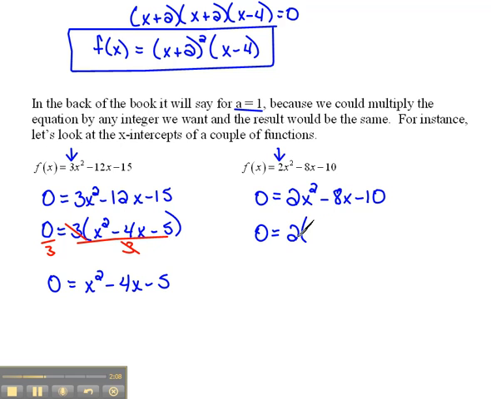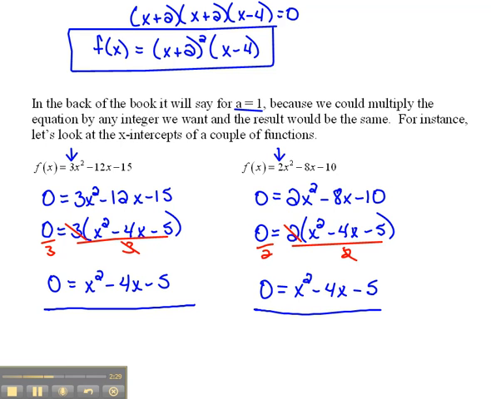So this will be 2 times x squared minus 4x minus 5. And if I were to divide both sides by 2, then we would have 0 equals x squared minus 4x minus 5. These now are the exact same to be finding x-intercepts.